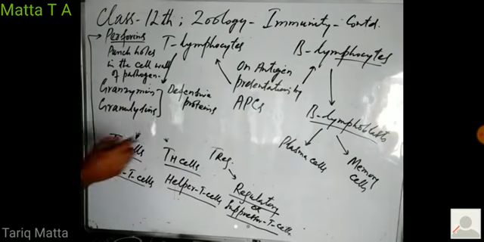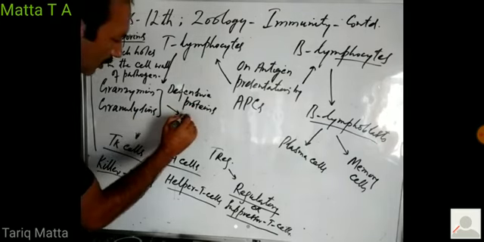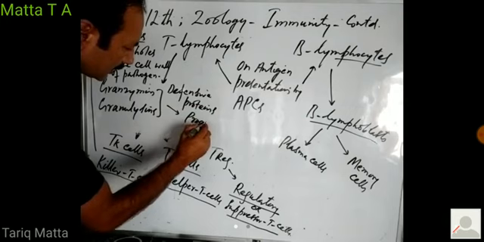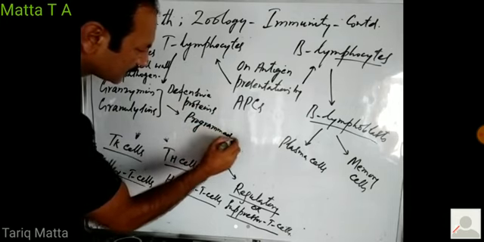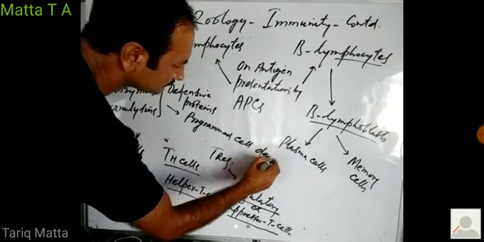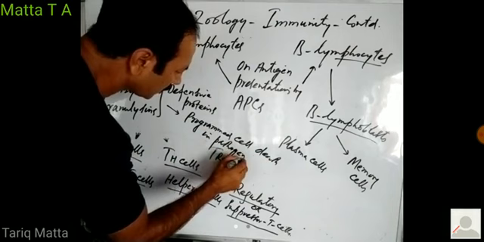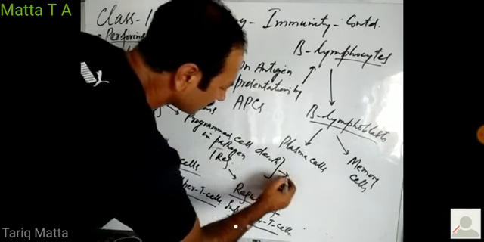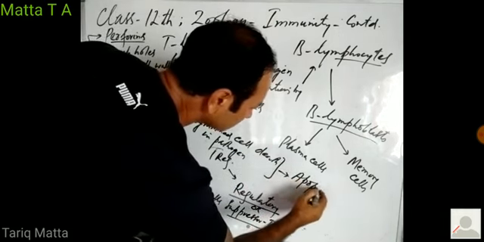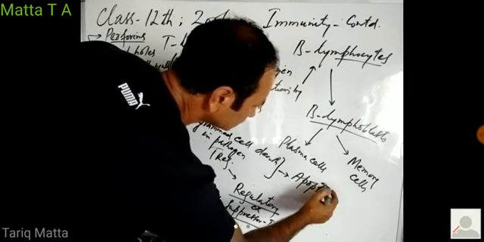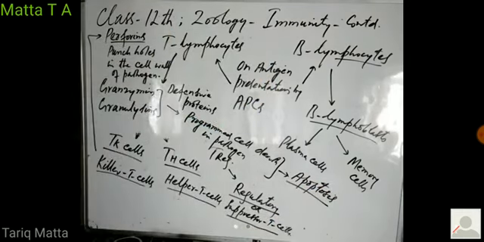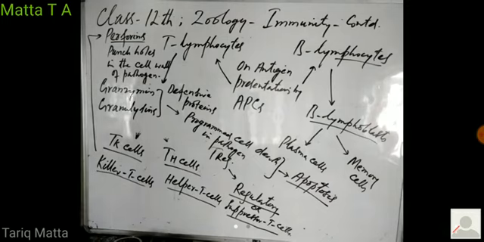And these defensive proteins induce programmed cell death in the pathogen, or we say they induce apoptosis in the pathogen. So killer T cells are the T lymphocytes which are involved in killing the pathogen.